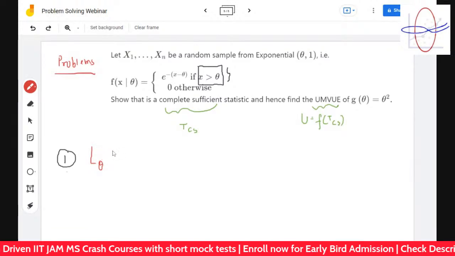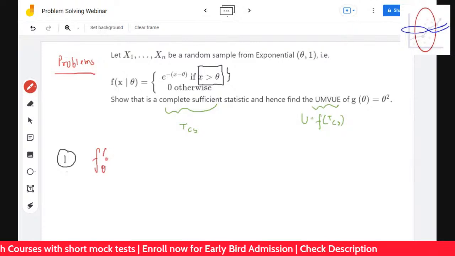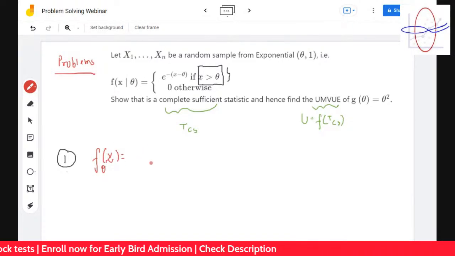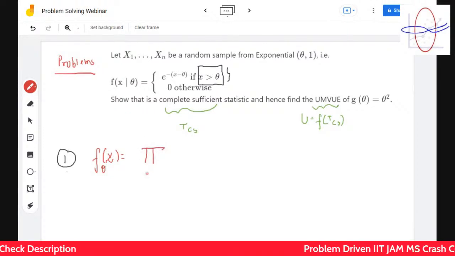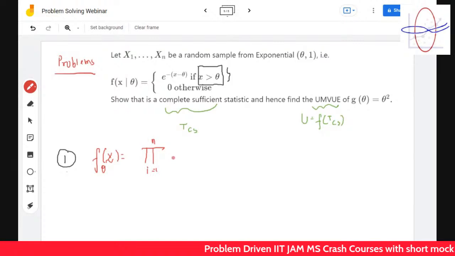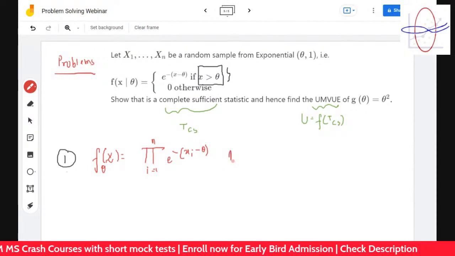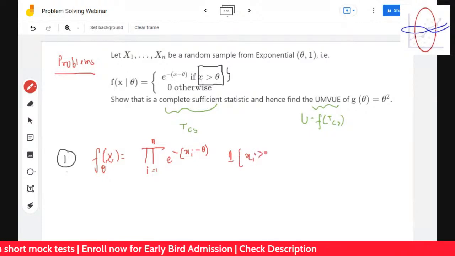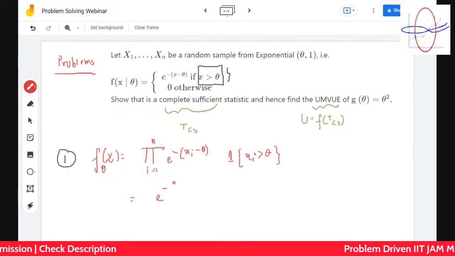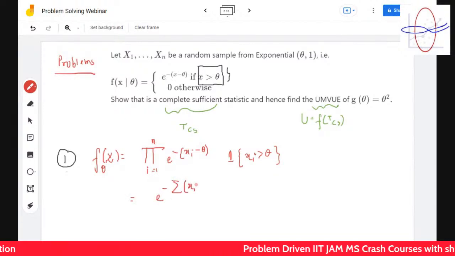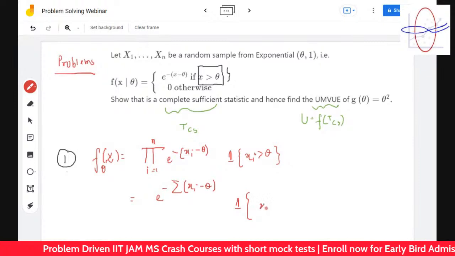Let's find the likelihood. It will turn out to be the product of e to the power minus (xi minus theta), indicator xi greater than theta. If we write it down, we get e to the power minus summation of (xi minus theta), indicator all of them greater than theta.